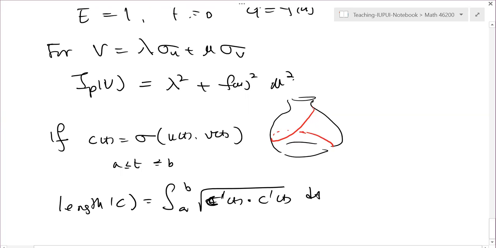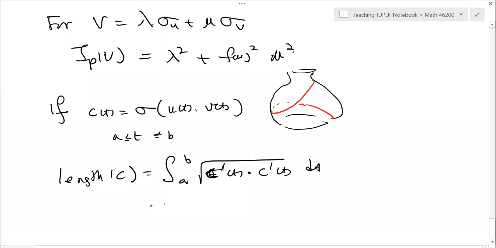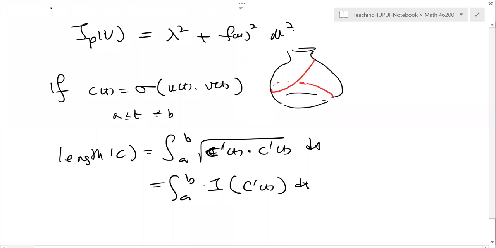But that is actually the first fundamental form, under the square root.